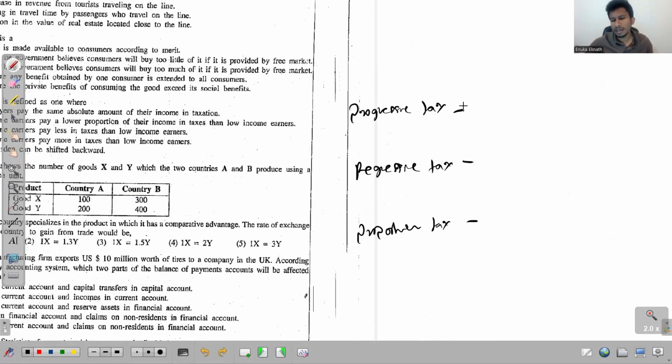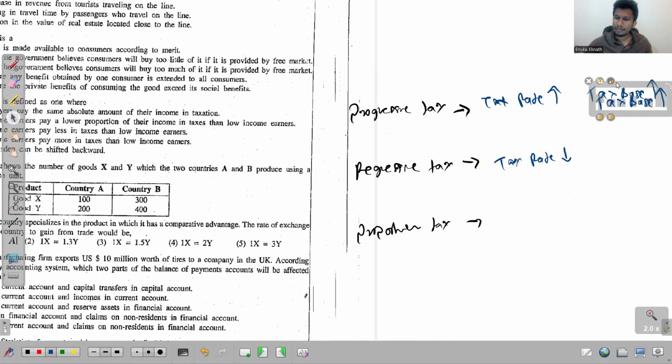If it's a progressive tax, we say tax rate increases when tax base increases. But if it's a regressive tax, we say tax rate, I'm referring to the tax rate, the percentage of tax rate decreases when tax base increases.